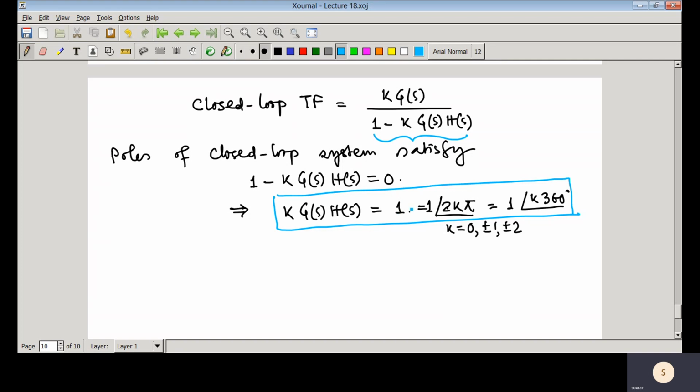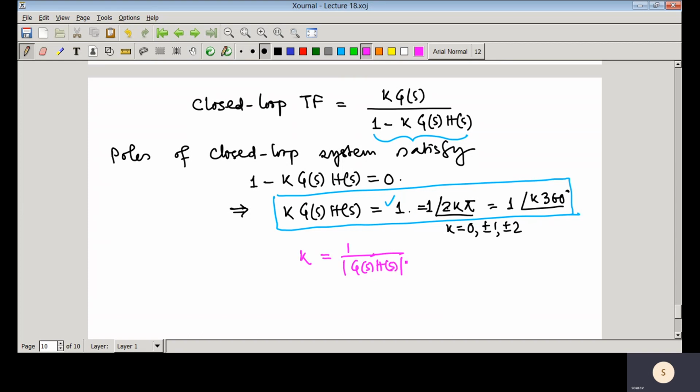Only here the difference is the sign. Whenever it is plus, it is one angle k 360 degree. So this is the angle criteria, and from here you can see you have two things. One is the gain: K should satisfy the magnitude of G of s H of s.